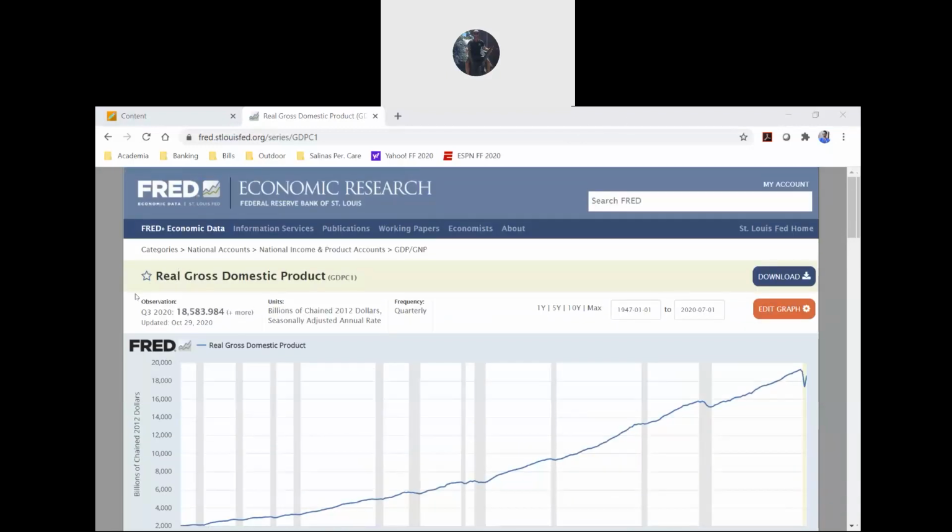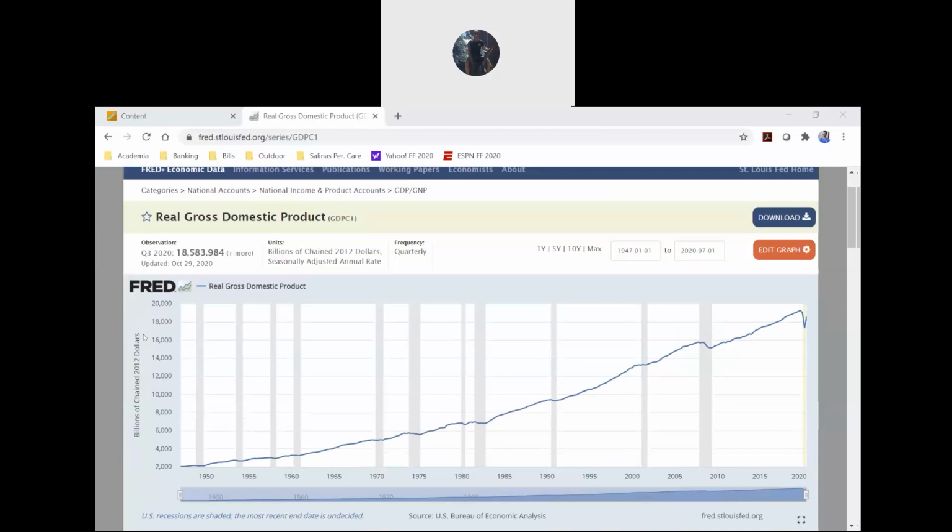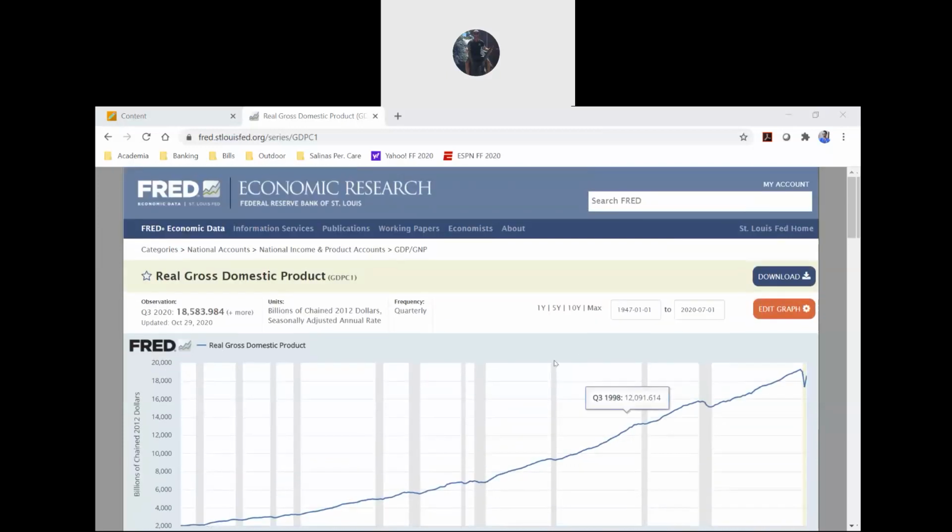Okay, and I can also show you GDP per capita. You'll get the same trend, but it shows per person.